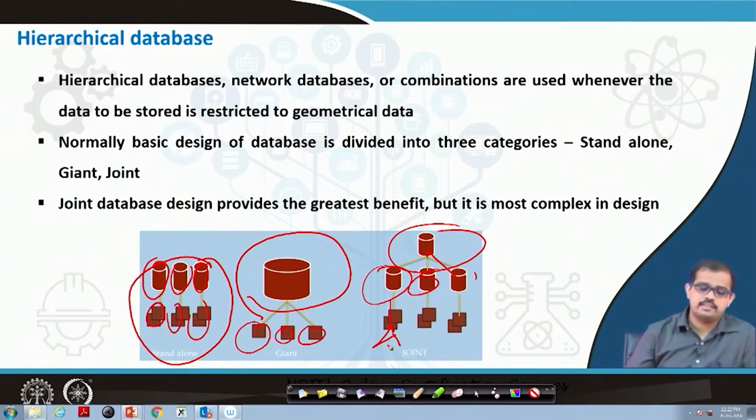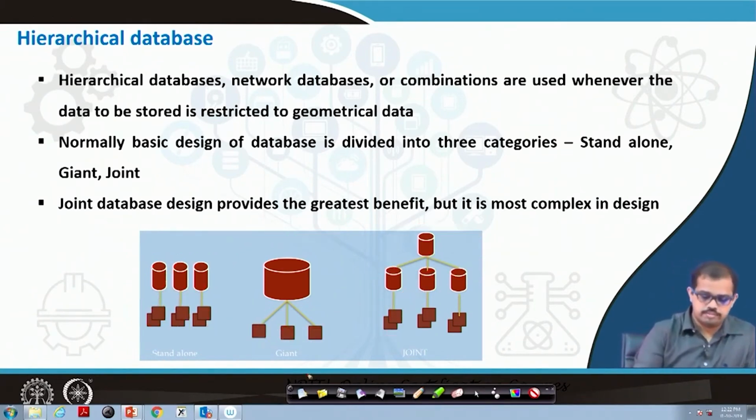Joint database design provides the greatest benefit, but it is the most complex in design. Designing and maintaining this database is also extremely difficult, and most importantly, the security of the joint network is an aspect one has to understand in order to maintain the entire database. So this is the hierarchical database.